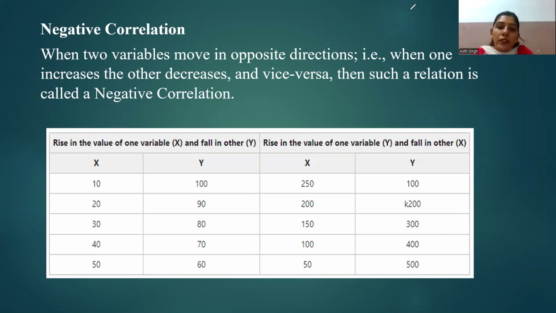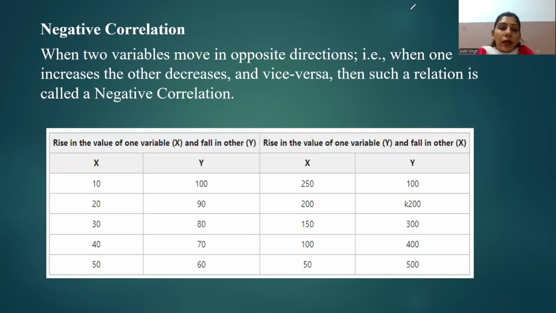If both the variables are moving in opposite direction, then the correlation is said to be negative correlation. So if the mean of one variable is increasing but the other variable is decreasing, or if one variable is decreasing and the other variable is increasing, then the correlation among the variables is negative correlation.